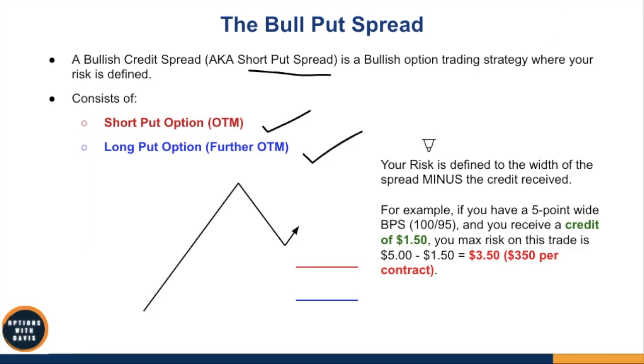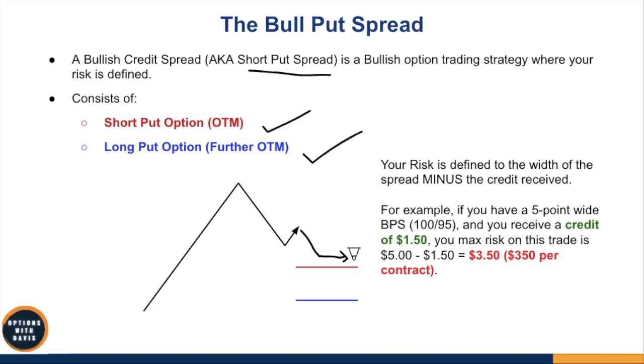So this way you have a higher probability of winning, because let's say, for example, the market is here and by expiration the market settles somewhere down here, right? It is below the initial price when you first initiated the bull put spread, but it is above your short strike. As long as it is above your short strike by expiration, you will receive the full credit.